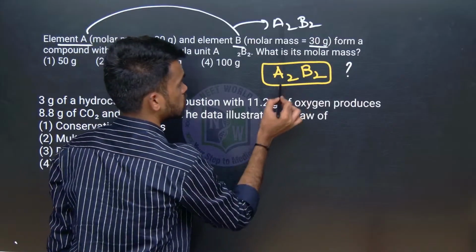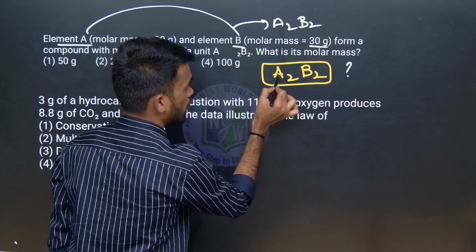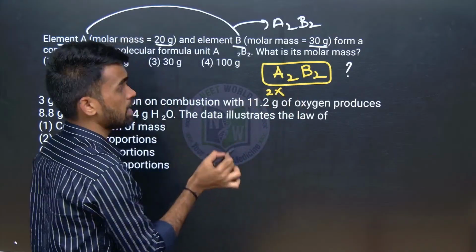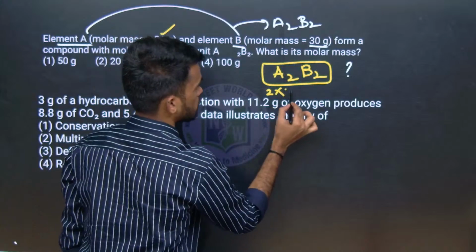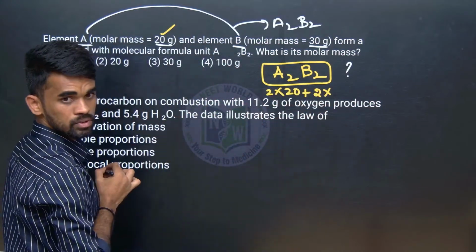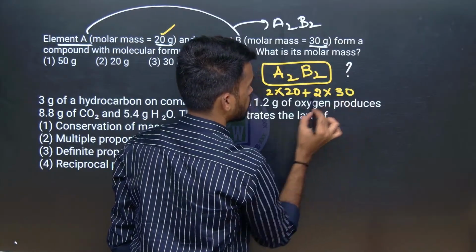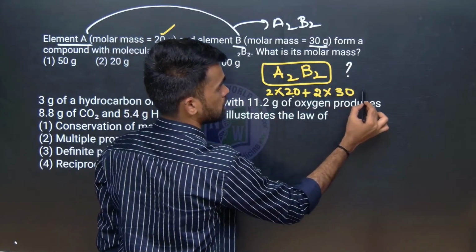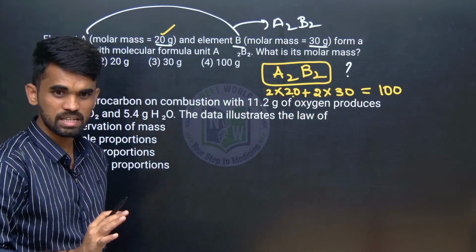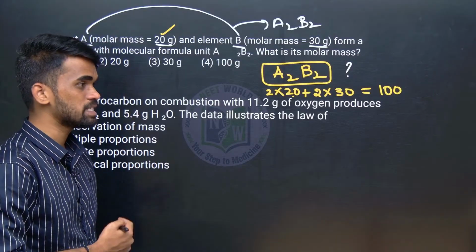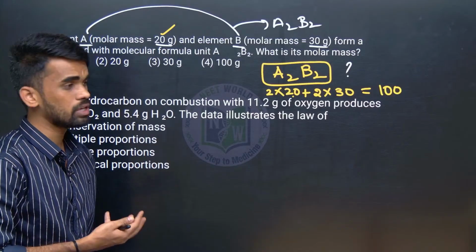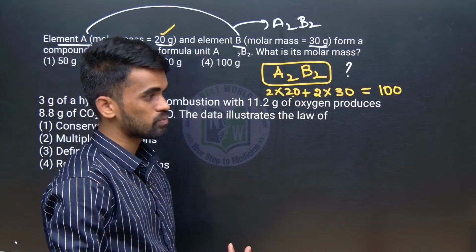How many A atoms are there here? 2 into, for each A, 20. Plus B's are 2, and for each B 30. So this is 40 plus 60, so totally 100. Is that clear? Very easy. So where you are facing difficulty, where you are struggling, that is what you need to point out. Then only you can improve yourself.